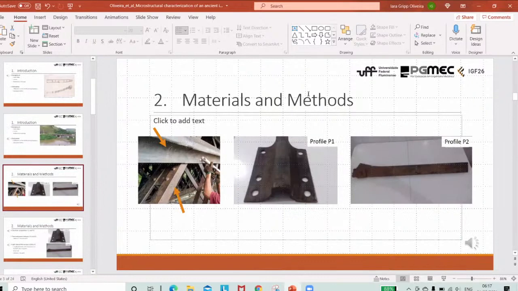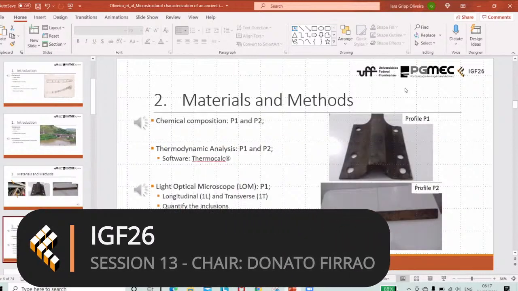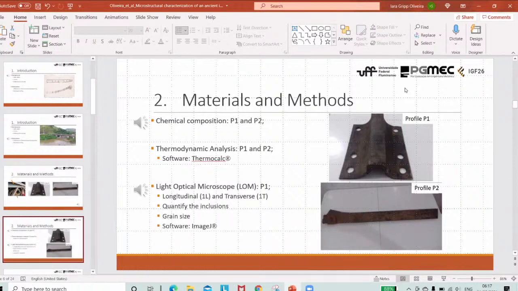Here we analyze samples from two different profiles, profile P1 and profile P2, and we made different analyses. We started with chemical composition analysis of both profiles. We made a thermodynamic analysis, a simulation using the software Thermocalc, where we could analyze the precipitates inside this material and their chemical composition. We also analyzed it by light optical microscope.